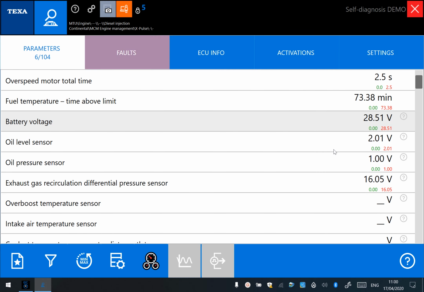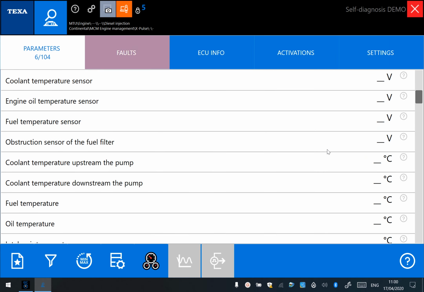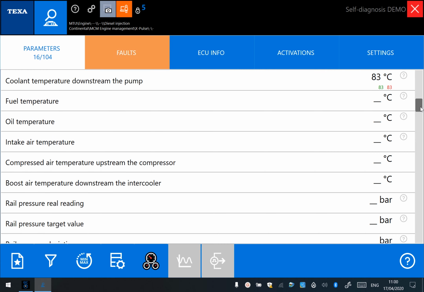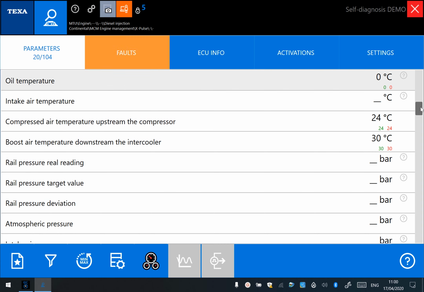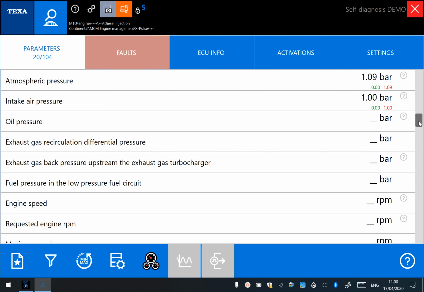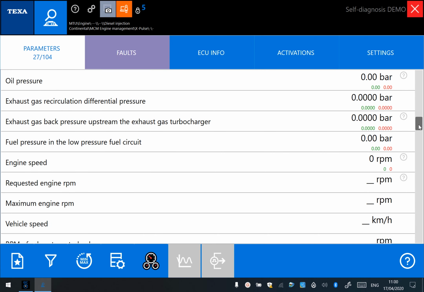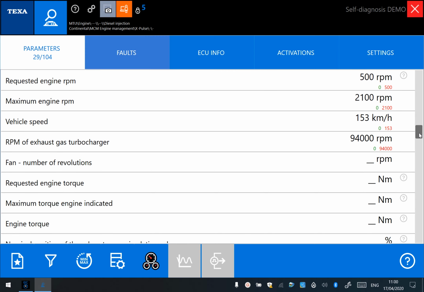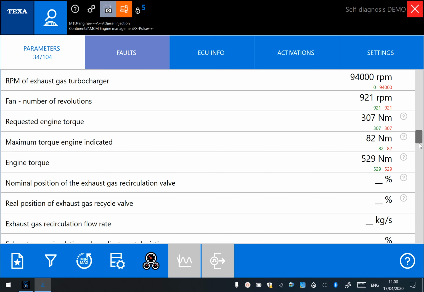Okay, so you can see there's 104 sensors down here, so there's quite a few. As we scroll down, the right hand side will populate everything. Basically any sensor that's connected with that ECU on the engine, we will be able to read, and you will be able to monitor those readings.